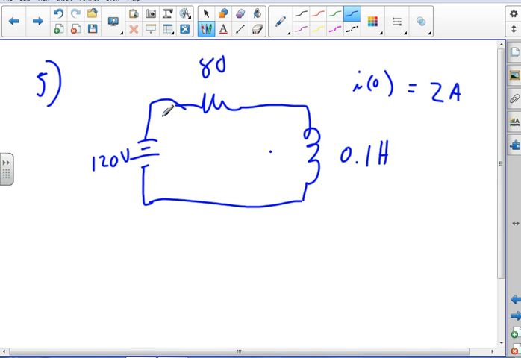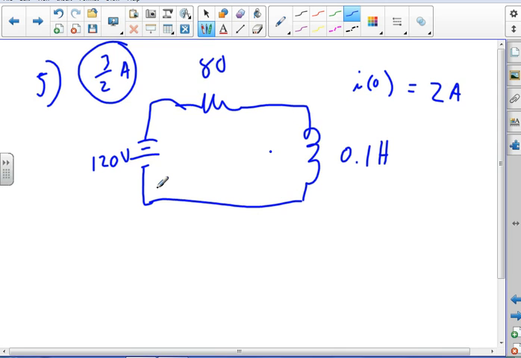Okay, now there's no switch or anything in the circuit, right? So that's why we have that initial condition. This circuit is going to have current running in it until there's no change in current. Then the inductor is a short, and at that point we're going to have 120 over 80, which is 3 halves of an amp flowing in the circuit from there on.